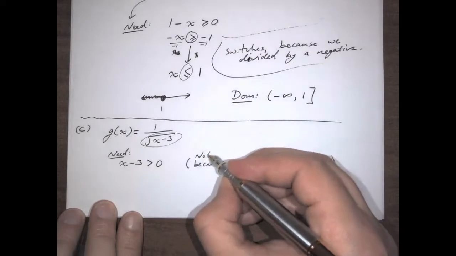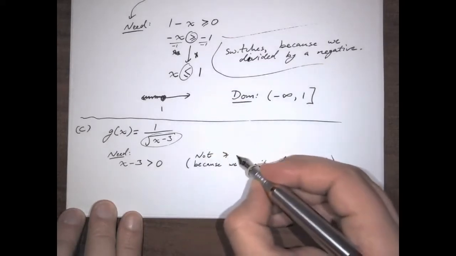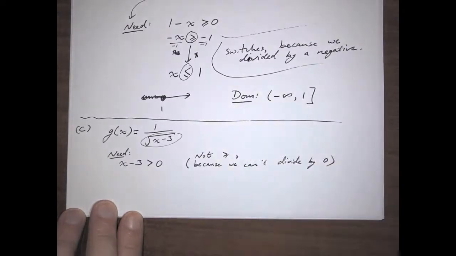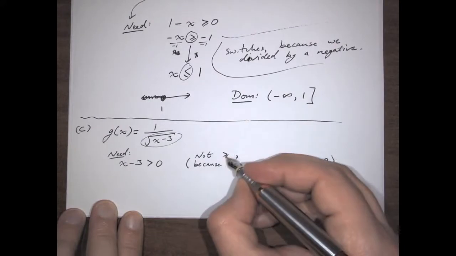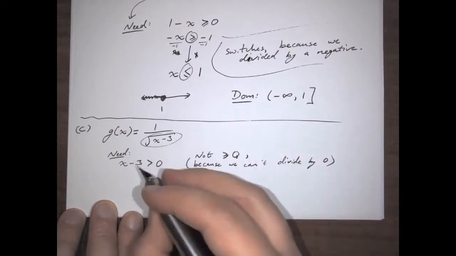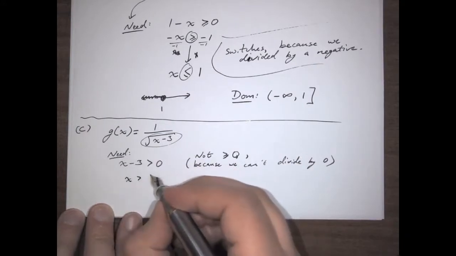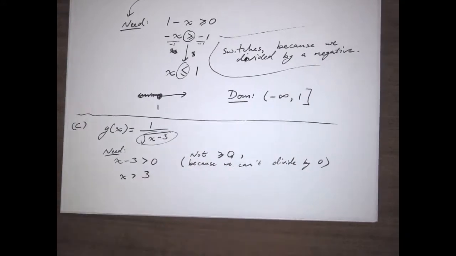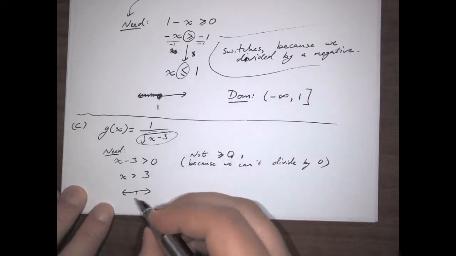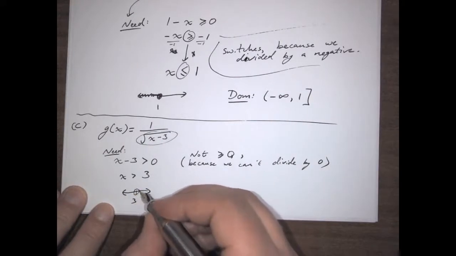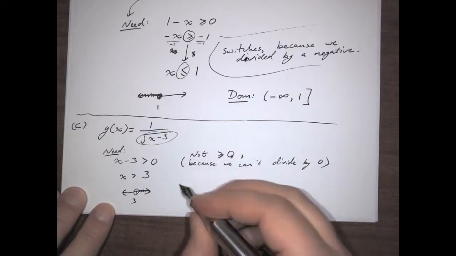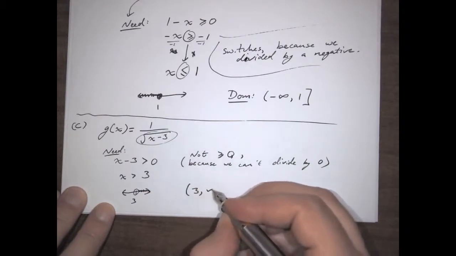And so it's not greater than or equal to. So it has to be just greater than, which means then x is greater than 3. Which means if we look at it on a number line, we've got 3 and we've got everything to the right of 3, not inclusive. So that means we've got 3 to infinity.